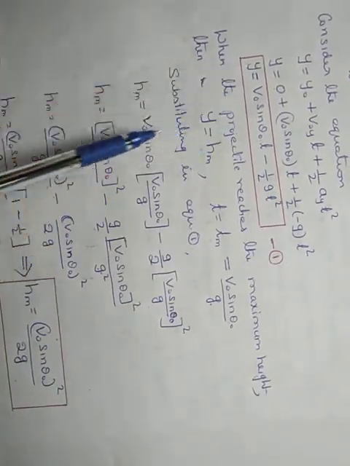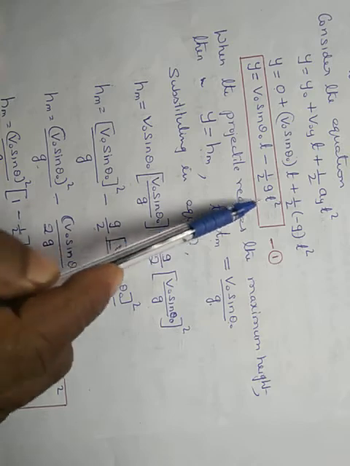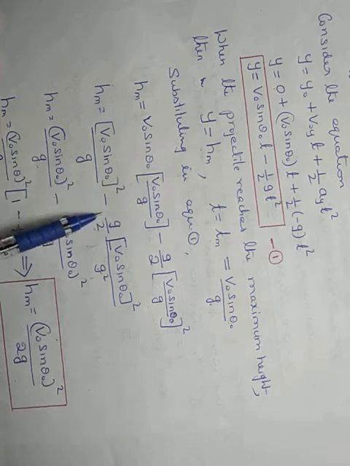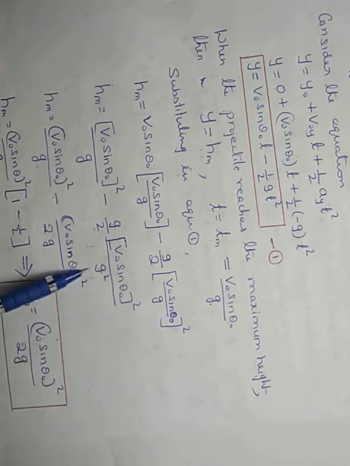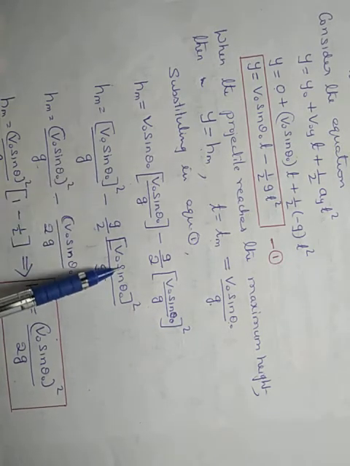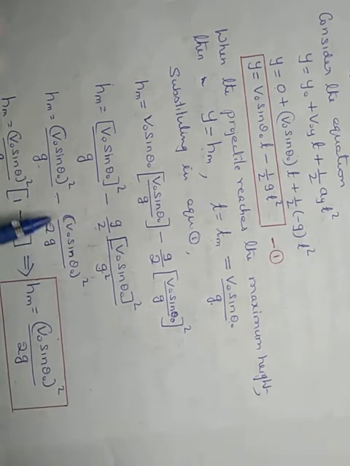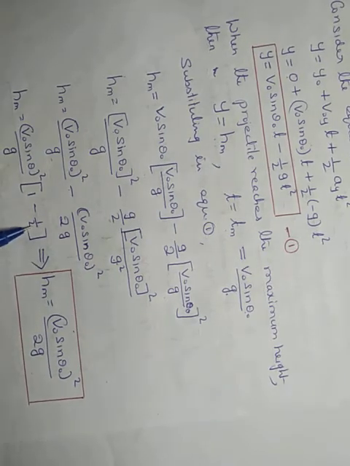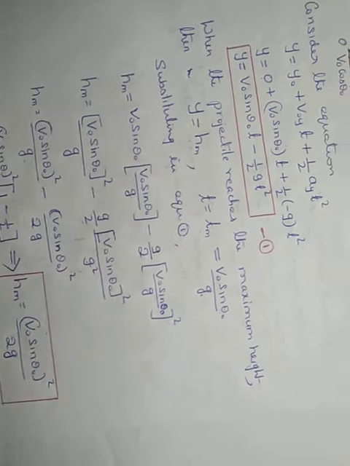So, in place of y substitute hm, in place of t substitute the equation for tm. Then this thing gets squared, same term, minus g by 2, it becomes v naught sin theta naught whole square by g square. In both the terms, when g cancels, you will get 2g. In both the terms you have v naught sin theta naught whole square by g common. So, 1 minus 1 by 2 is plus 1 by 2. So, therefore, you will get the final equation.